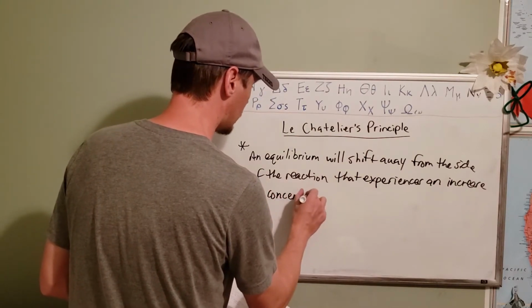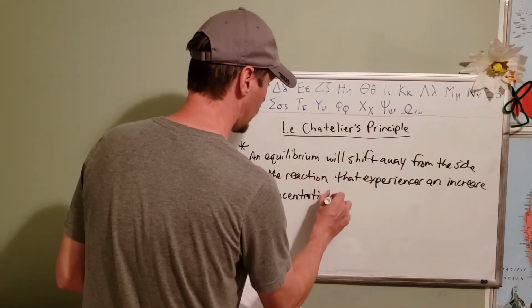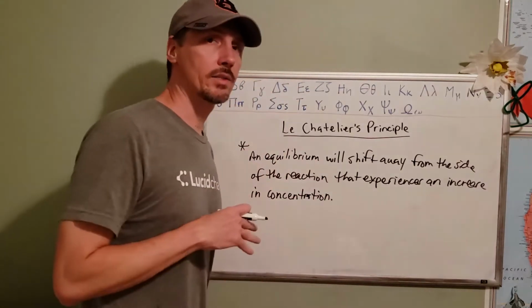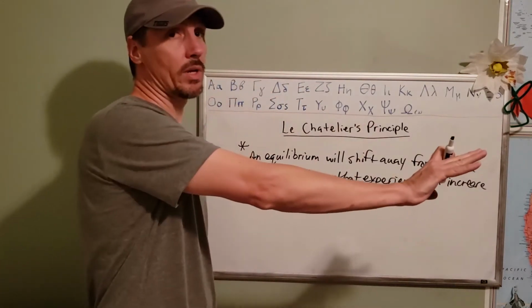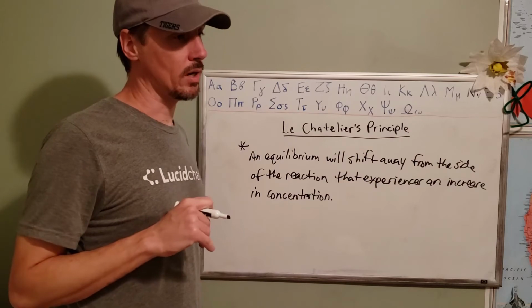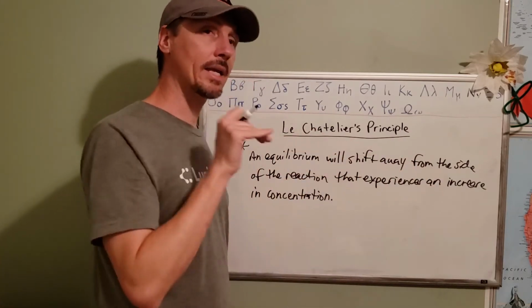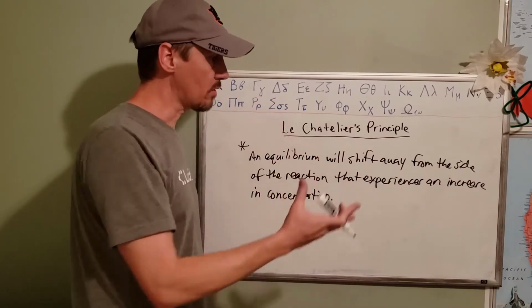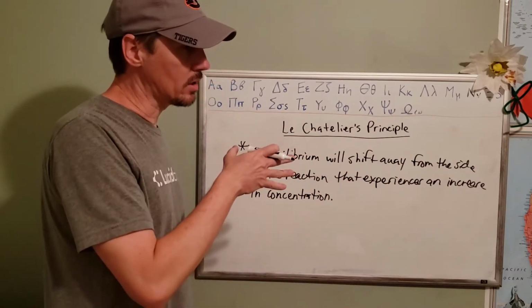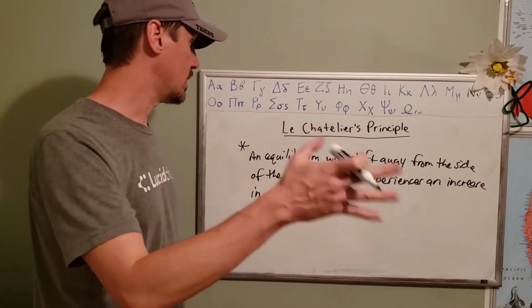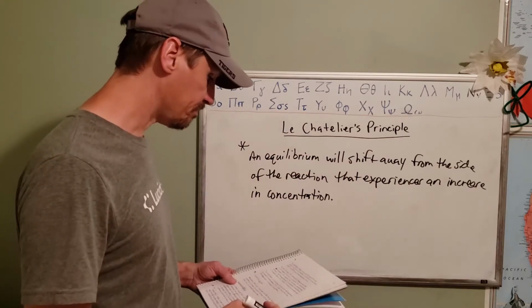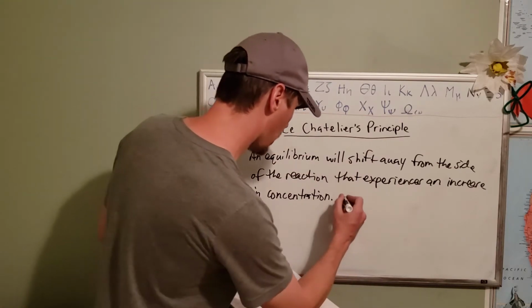When we increased the concentration on the reactant side, what happened? The forward reaction then all of a sudden increased dramatically, and the result of that was that the reaction moved towards the product side, right? Shifted towards the product side.